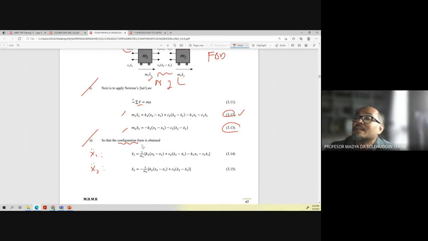So for equation 1 we divide by M1, and you're going to get 1 over M1, with parentheses around whatever values you have here, all of the values that you obtain there. Same thing with this one, you divide by M2 and you get 1 over M2, with all of this put in parentheses. So you can write in this formula X double dot 1 and then X double dot 2.